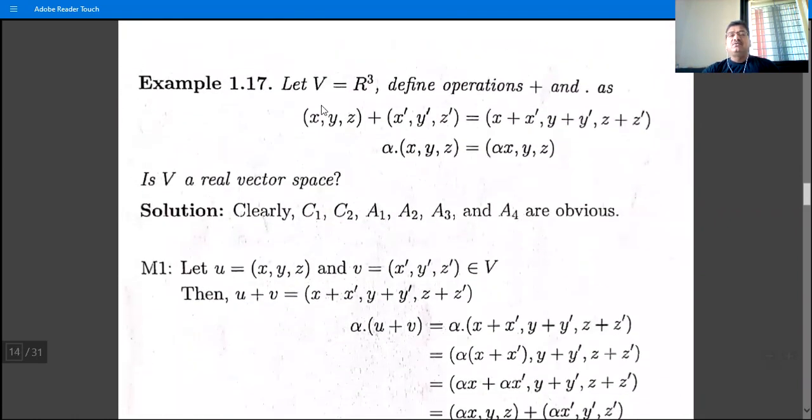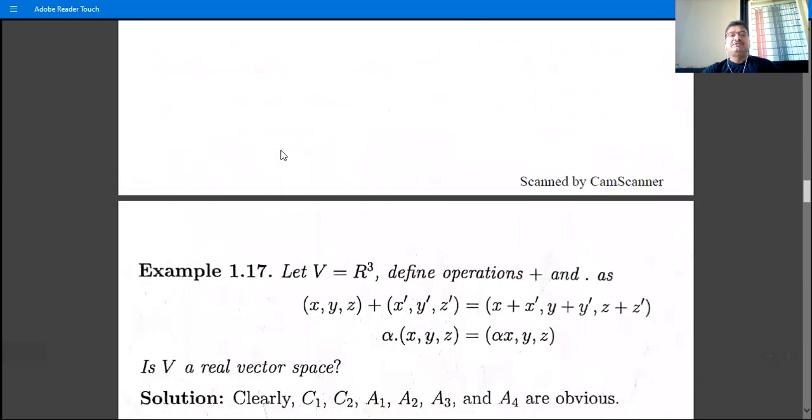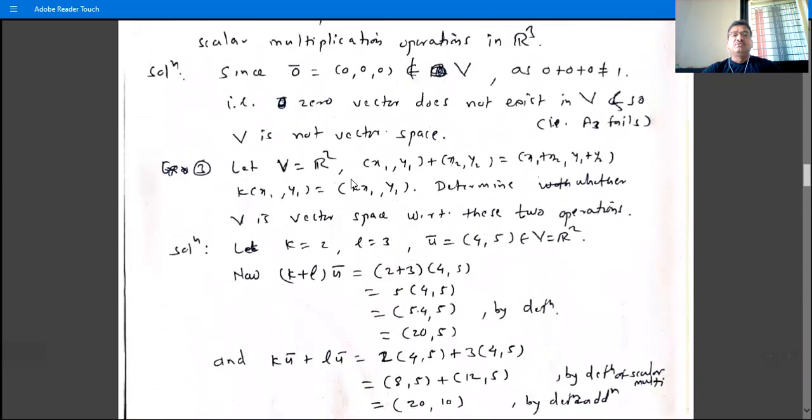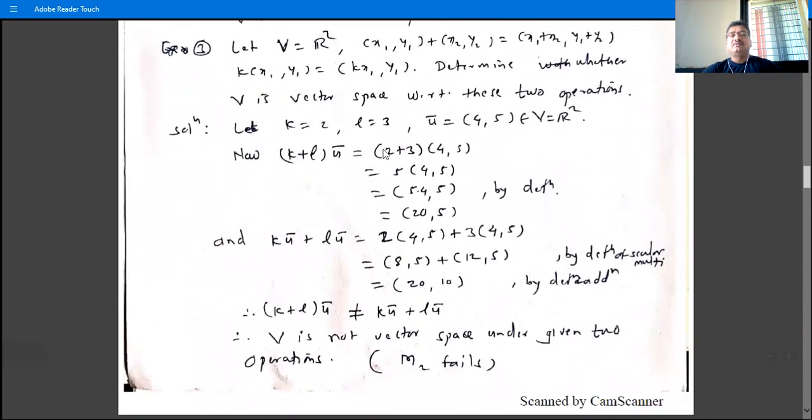So again, we have to write the answer of this problem 1.17 similar to this example. That is, take k as 2, l as 3, and take u bar as (4, 5, 6), an element of R3, because we have to write the counter example for R3, and then find (k plus l) u bar and k u bar plus l u bar separately.